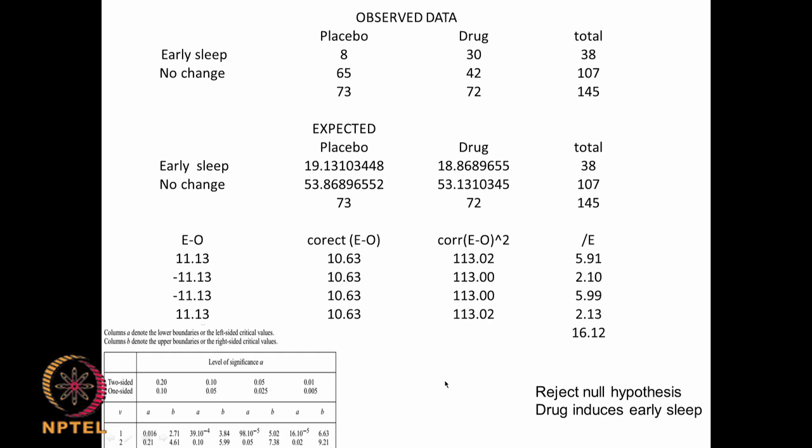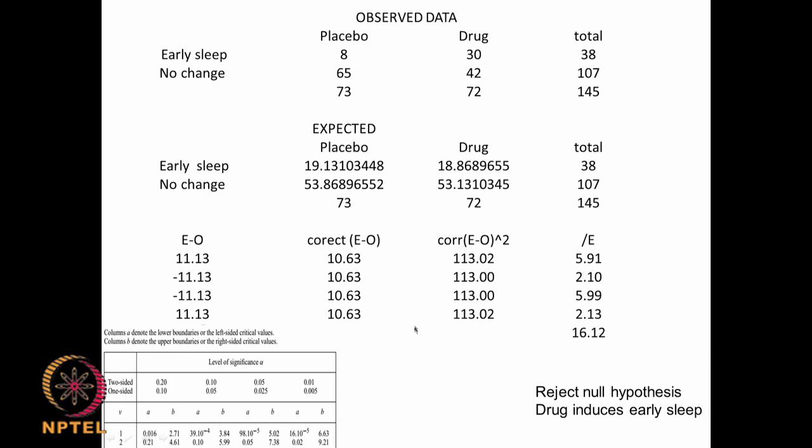We can do this very simply by using a simple Excel, and here please note that we use something called Yates correction, and when you use a Yates correction, the expected minus observed goes down by 0.5.